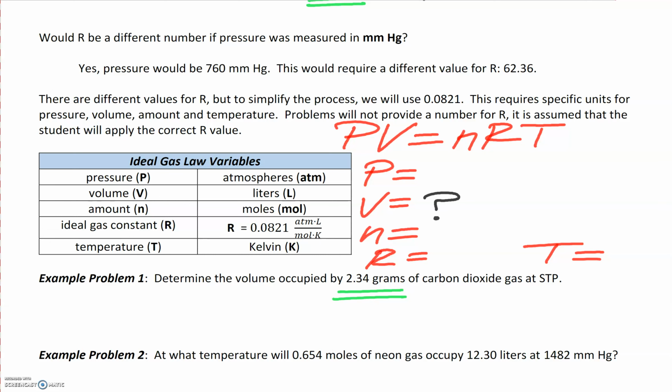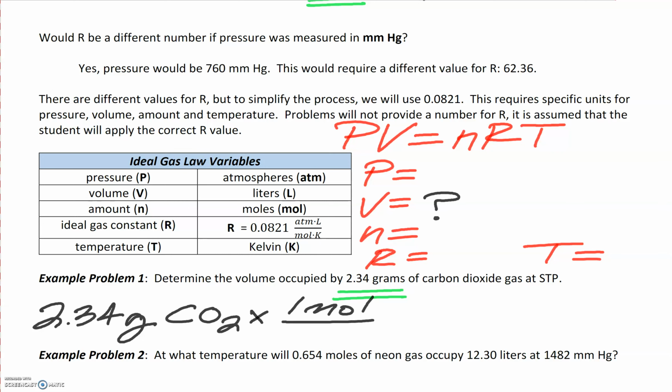Okay, that is not moles, but we have solved this a lot, and you should be able to take your grams and turn them into moles. So 2.34 grams of carbon dioxide, if I want to convert those into moles, then you would just look up the molar mass for CO2, which is going to be 32 for the oxygen plus 12.01, so you're going to get 44.01 grams per mole.